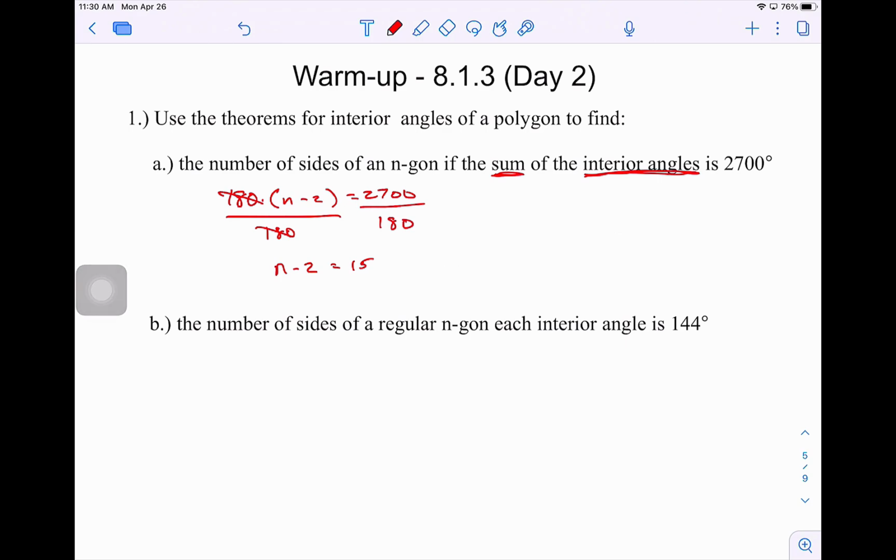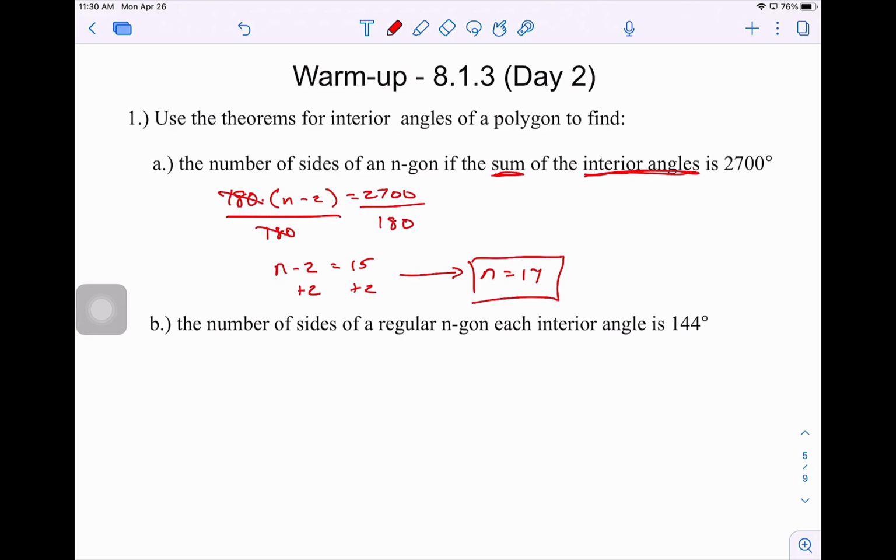And remember, there was always 2 less triangles than number of sides. So to finish this off, we got to add that 2 back on. Meaning, we end up with n equals 17. This is a 17-gon. Okay?